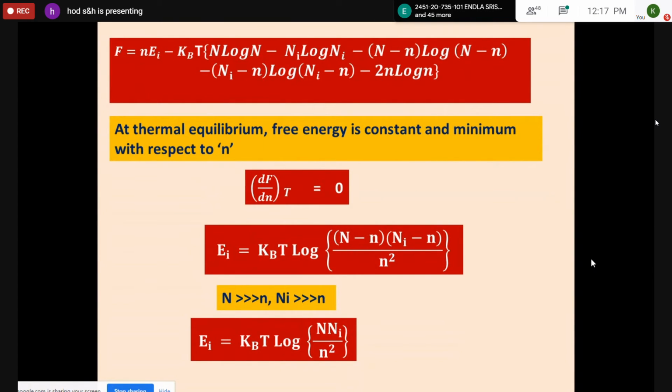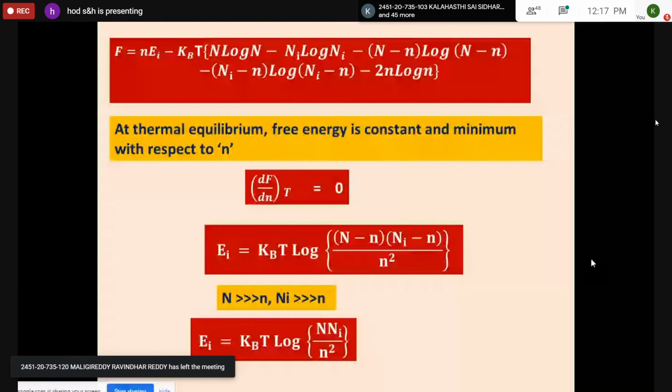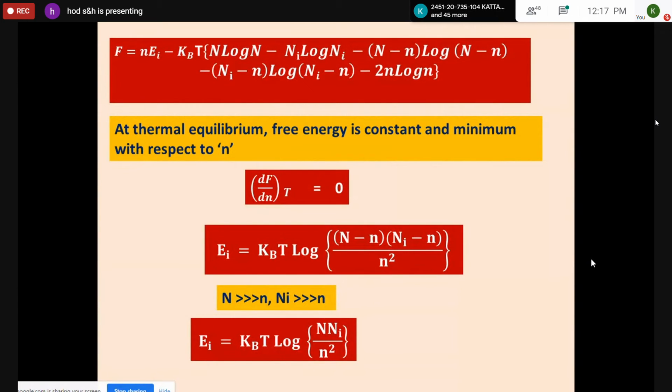If you know the number of ways of arranging these defects, the procedure is the same. So this mathematical part, you should be very careful and you should practice this. In the exam, don't write these direct steps. Just copy this.